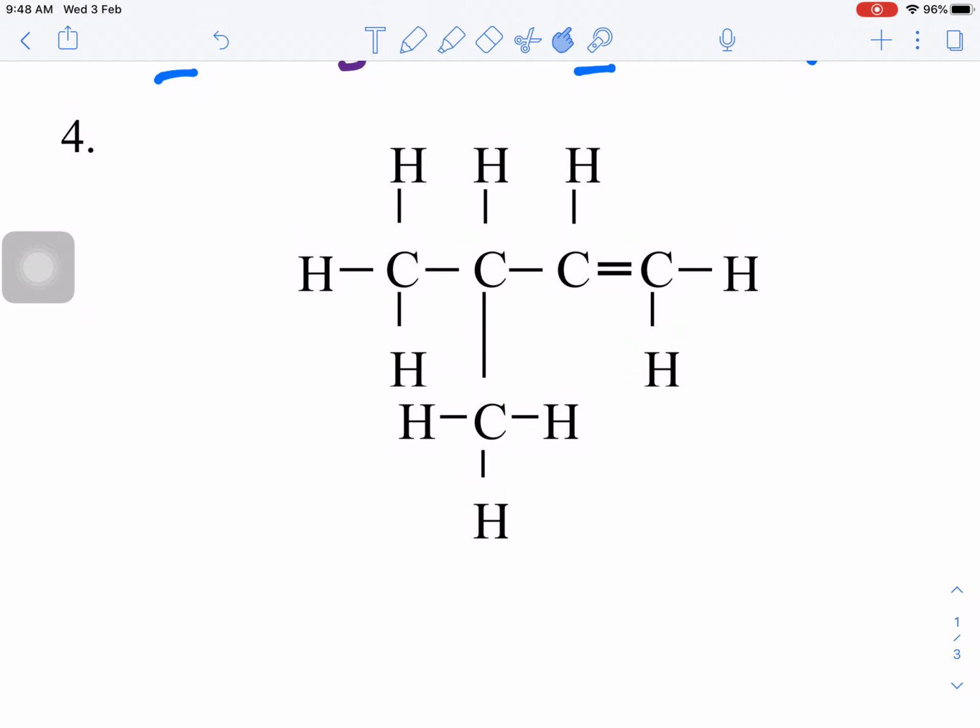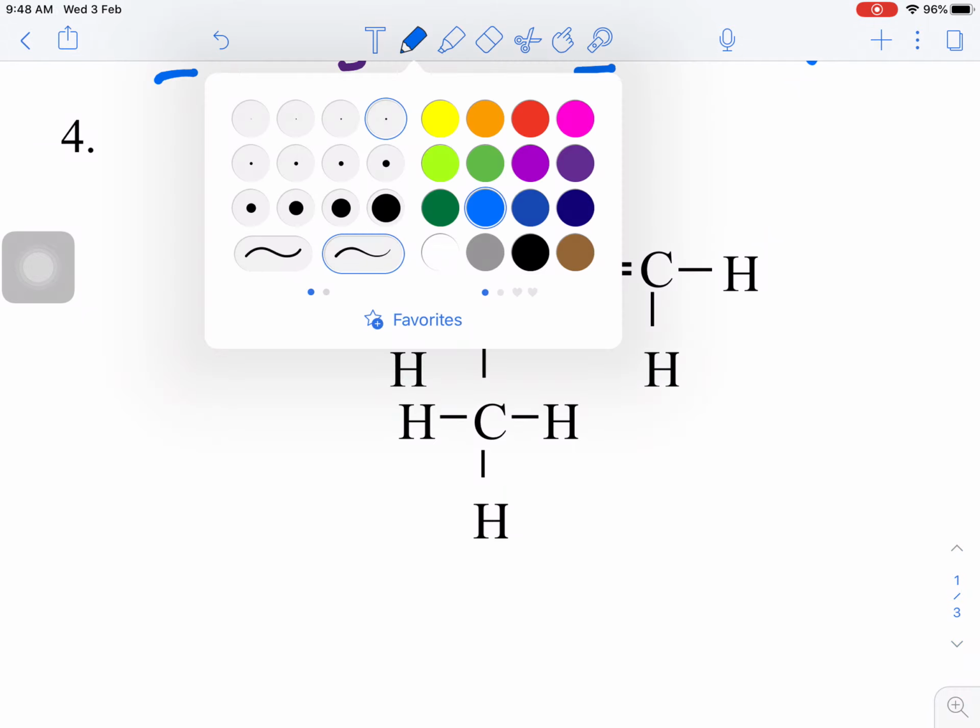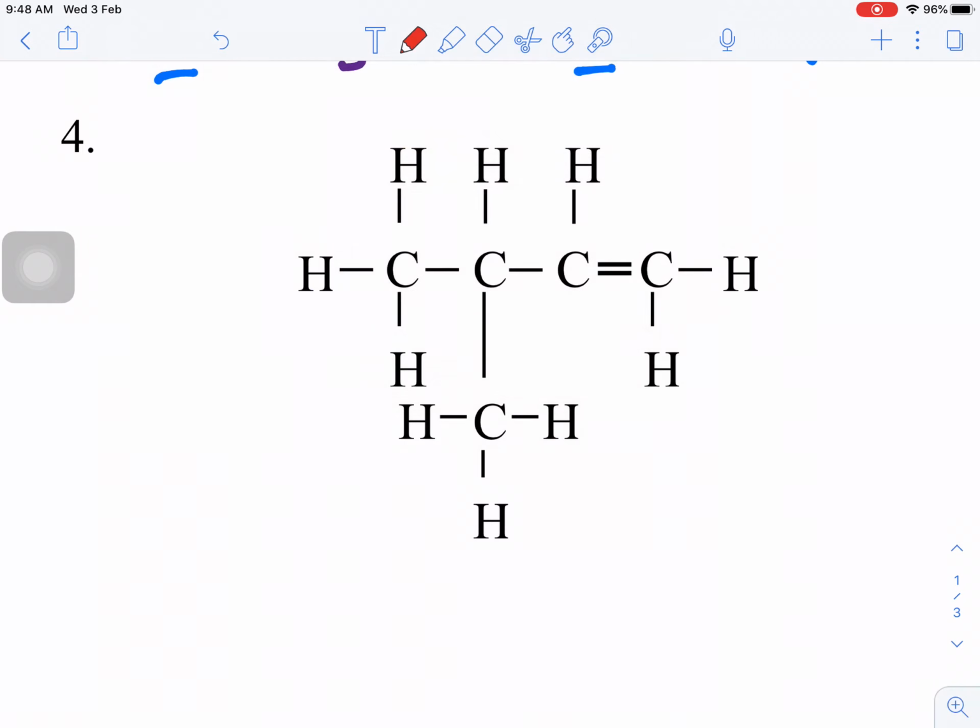Okay, try to name this one. The longest chain. I can still choose this one as the longest chain. When we number it, this one is number 1, number 2, number 3, and number 4.